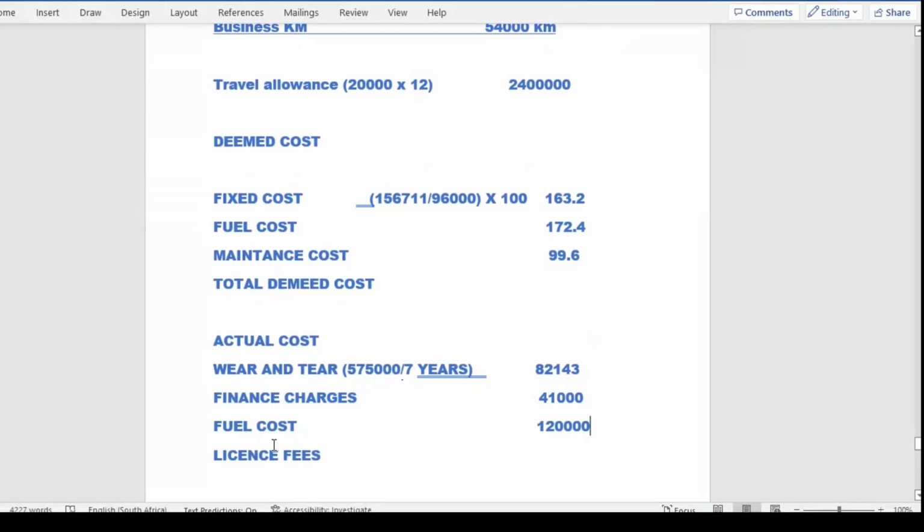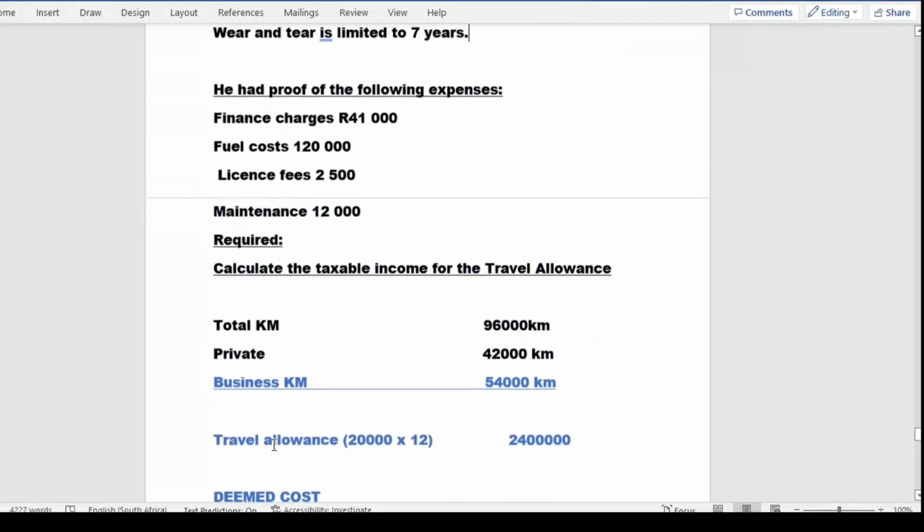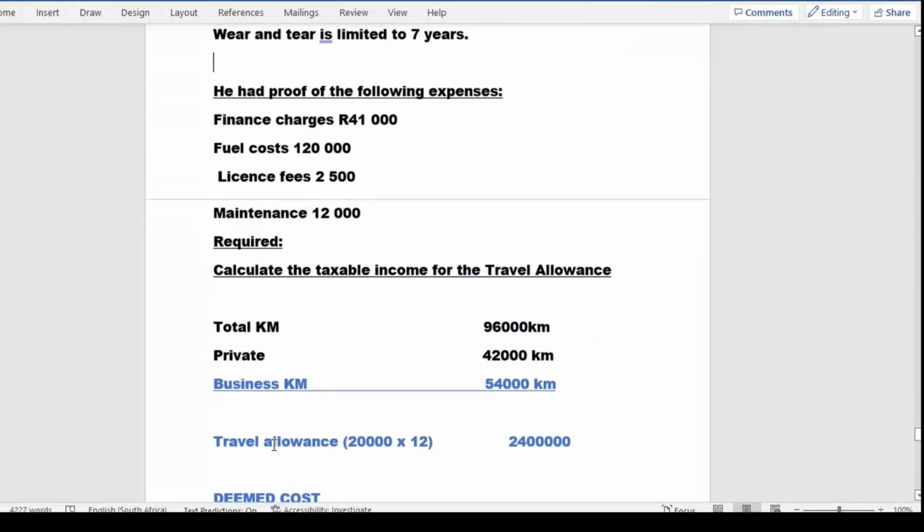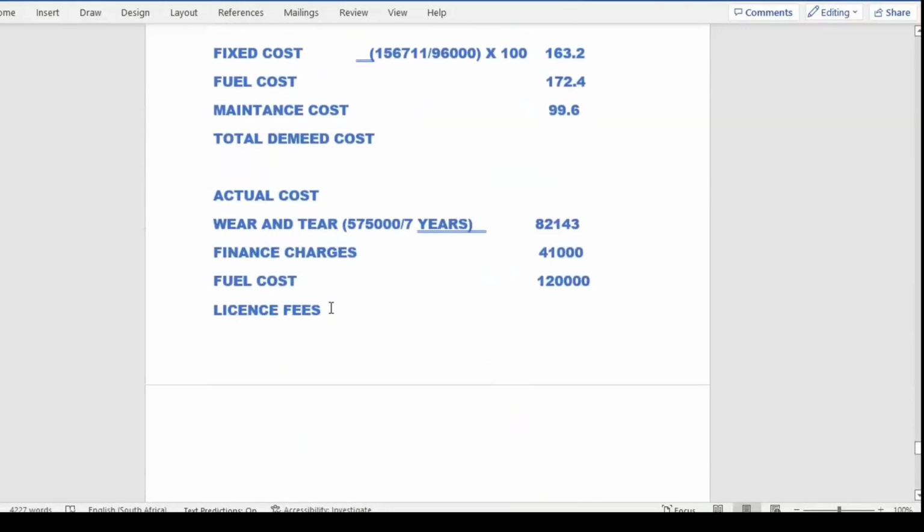Let me go back and check the license fee, 2,500 rand. My license fee is 2,500 rands. Okay. Then you are actually done with your actual cost.